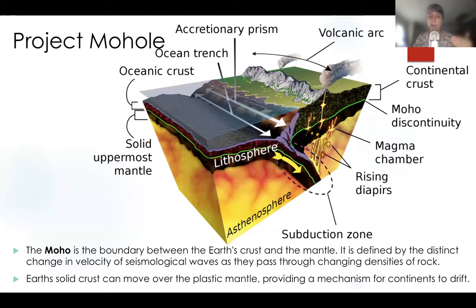They knew about the Moho, or this supposed place where we went from solid crust to plastic crust, because of the seismic waves, but they hadn't actually seen it. And so this seemed like a great test.